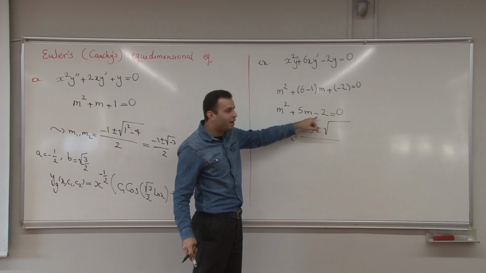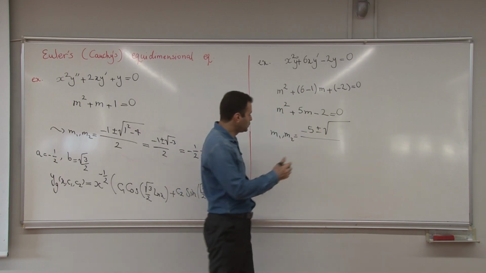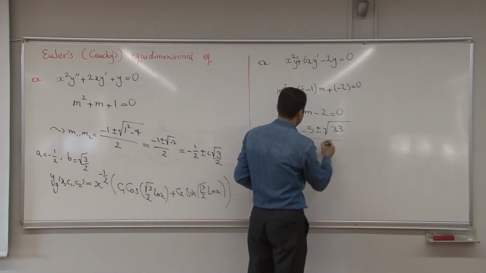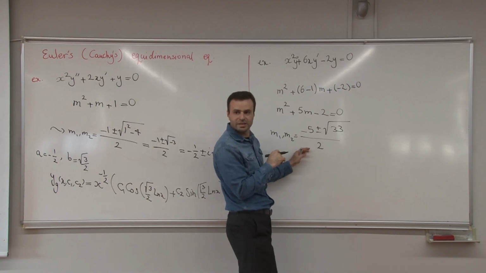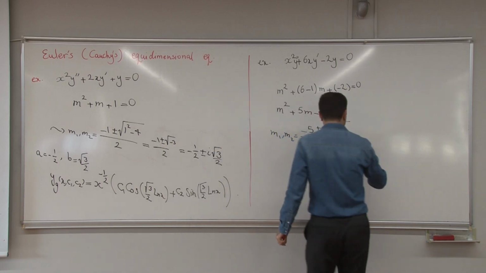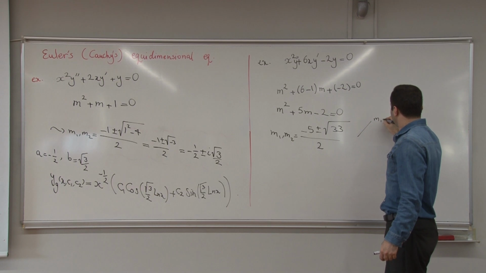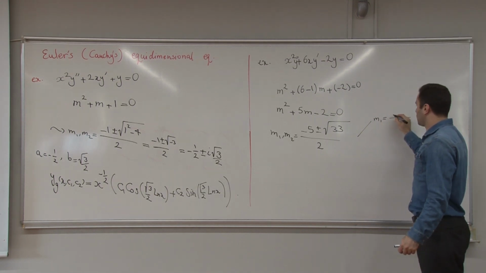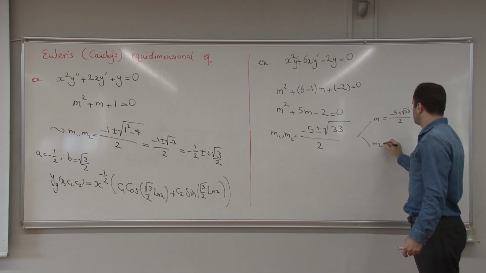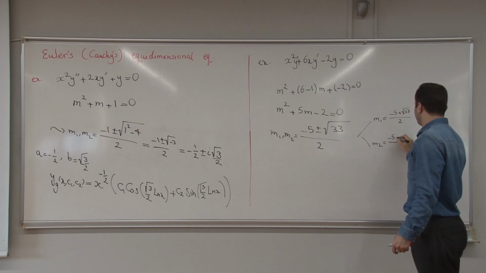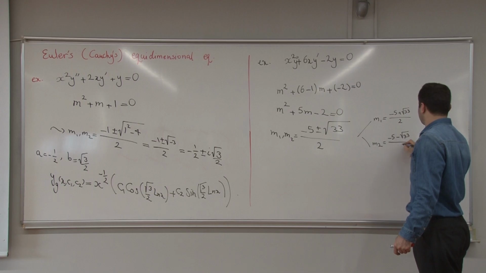So it means that 25 plus 8, what is this? 33. Divided by 2. So we have two real roots, right? m1 is equal to minus 5 plus the square root of 33 divided by 2, and our m2 is minus 5 minus the square root of 33 divided by 2.